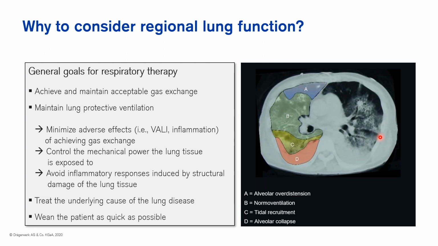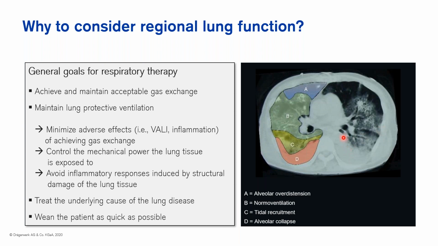Because a CT scan is done at one point in time, they might still be aerated, but they might experience so-called tidal derecruitment. Basically, at the end of expiration they would collapse, and at the beginning of inspiration they would open again, which would cause mechanical stress on the lung tissue and might contribute to the development of VILI.